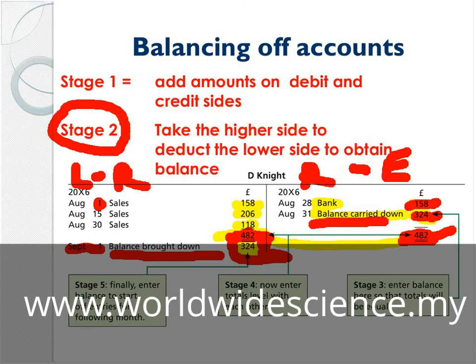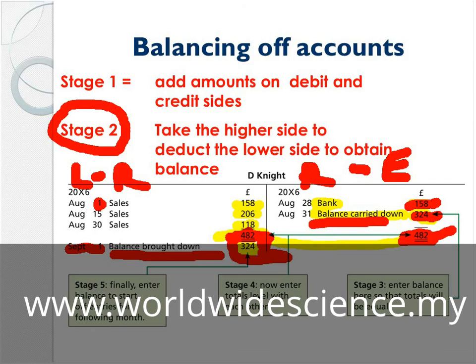So here, we have a total sales, right? Stage number 2 explains that we should take the higher side and deduct the lower side.